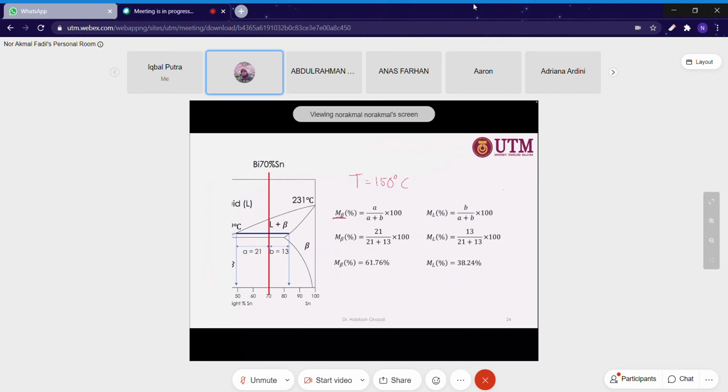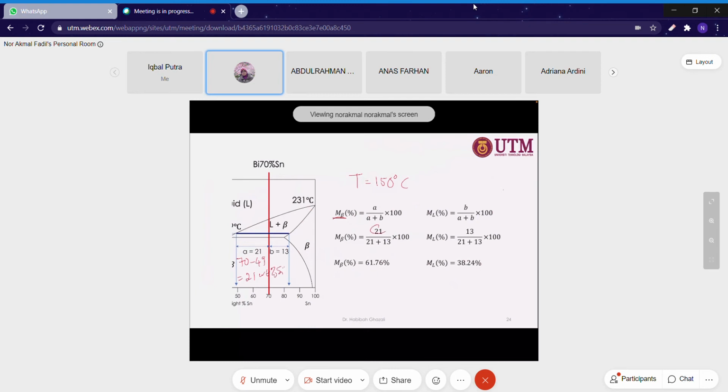And then you calculate based on this. How you get A equal to 21 is coming from 70 minus 49. It is equal to 21 weight percentage of tin. So you got 21 here, and then 21 over the total length.